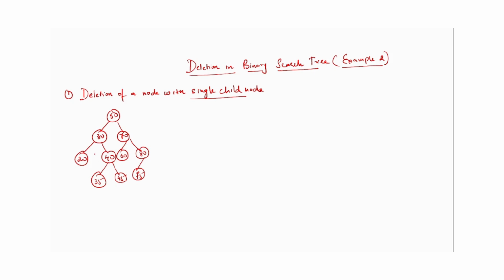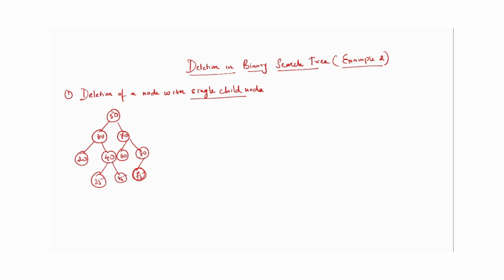Here let us start from the left onwards. Now here 70 has 2 child nodes, 30 has 2 child nodes, right? So here 80 has a single child node called 75, correct?